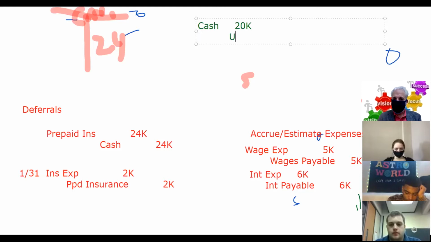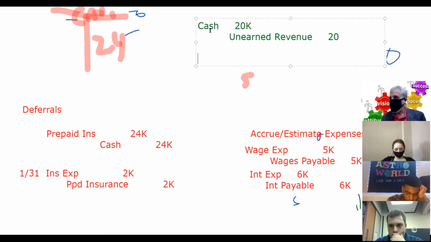And I haven't done anything. I have a liability called unearned revenue, $20,000. And at the end of the month, I look down at it and I say, well, you know what? I've done about $15,000 worth of this stuff. So I'm going to have to put in a journal entry for $15,000 and $15,000.